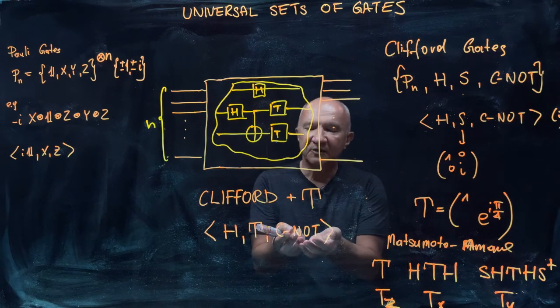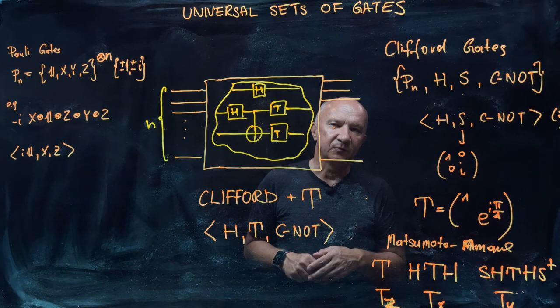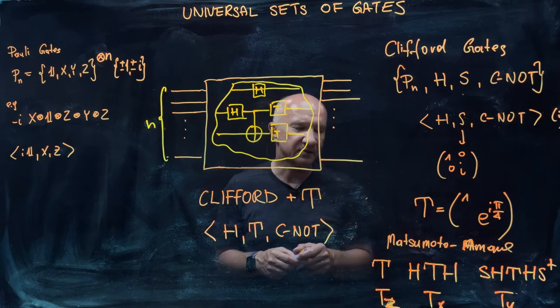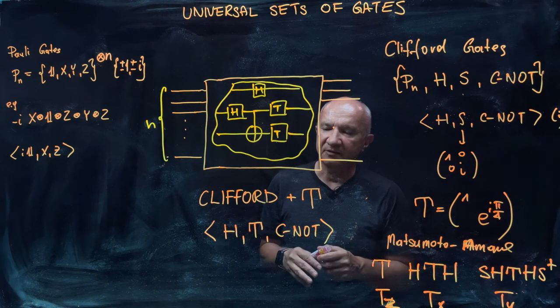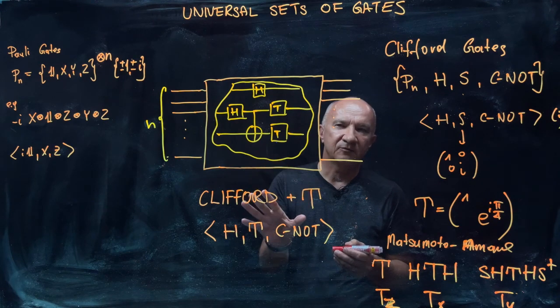And having the CNOT gate allows you to spread it over the many qubits that you have. We are not going to show this, but the statement essentially is that this set of gates allows you to approximate any unitary operation with any precision.